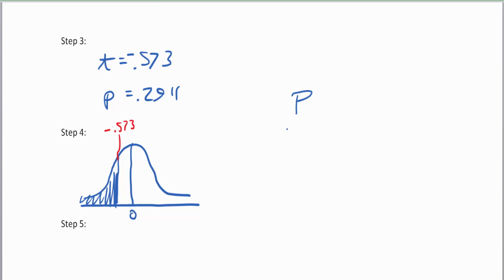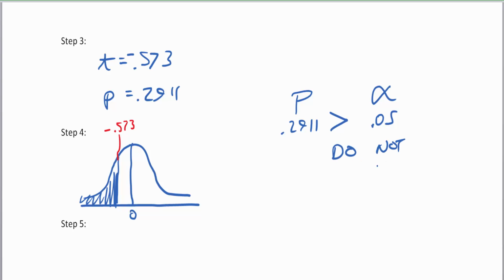The p-value is 29%. You had a 29% chance of landing inside of this shaded region. And since your chance of getting this value is greater than making a mistake, we're going to not reject the null hypothesis.